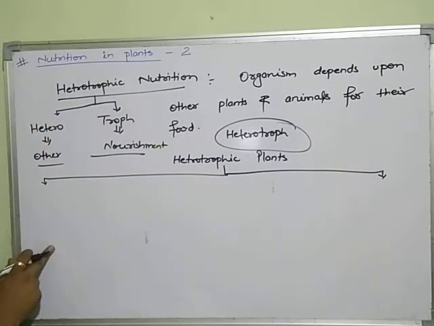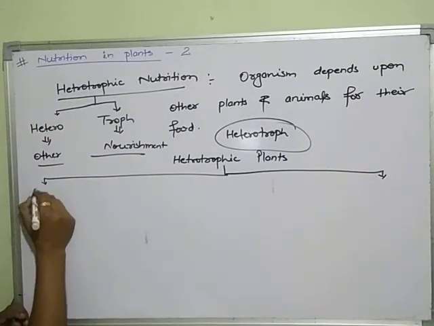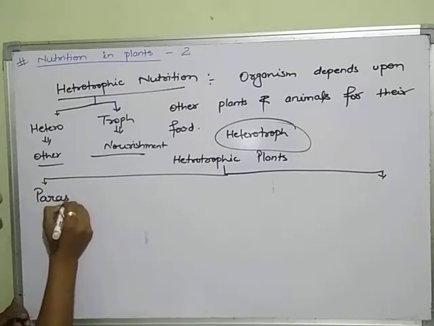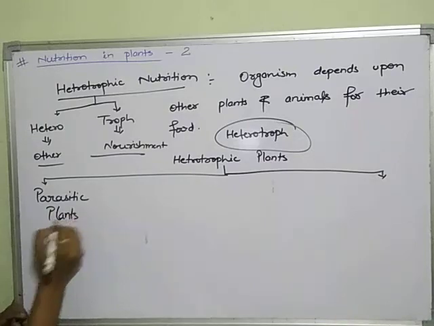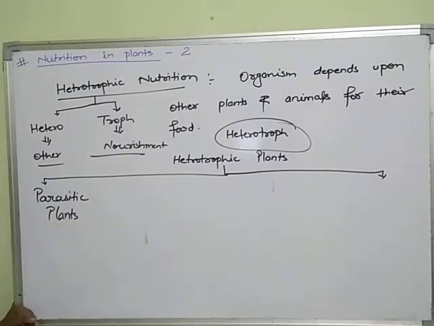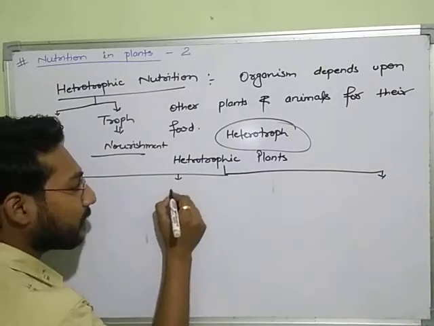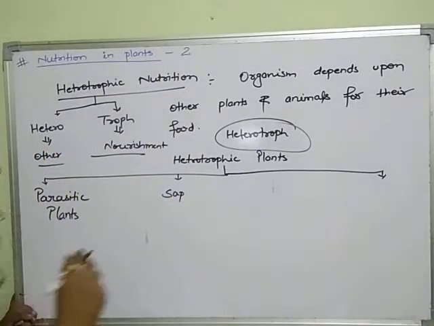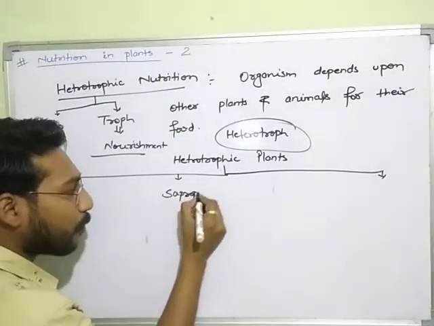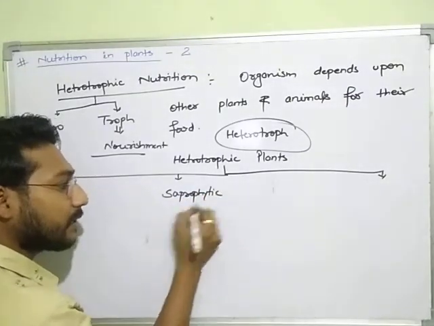The first one is parasitic plants. Next one is saprophytic plants.